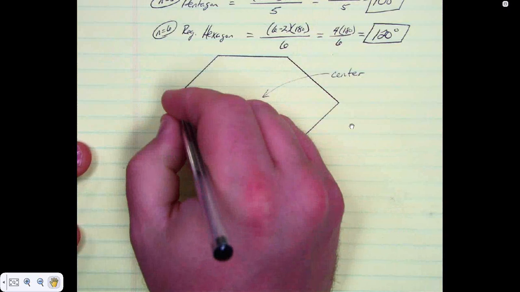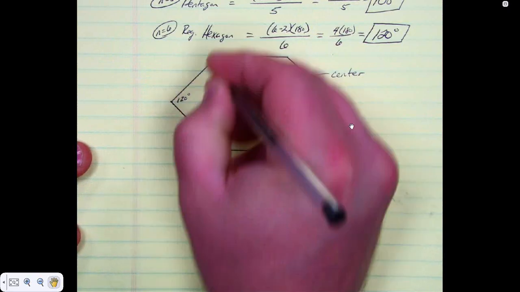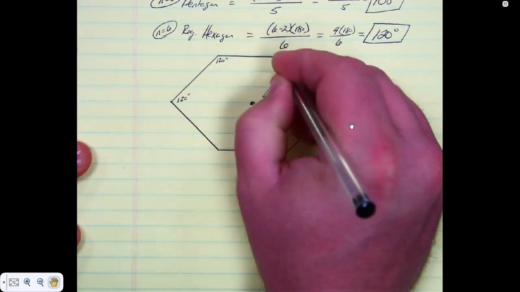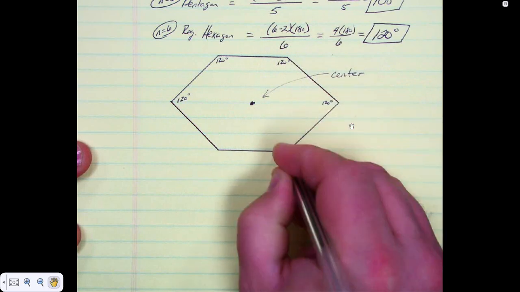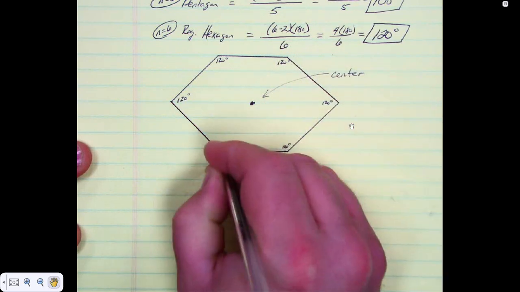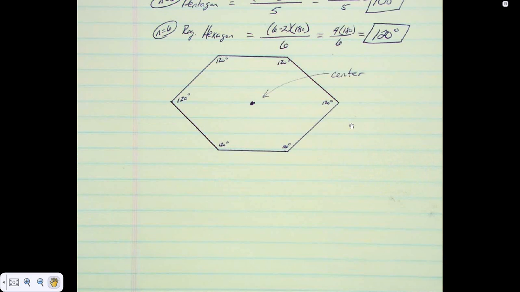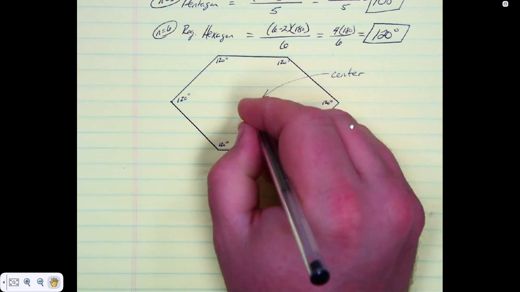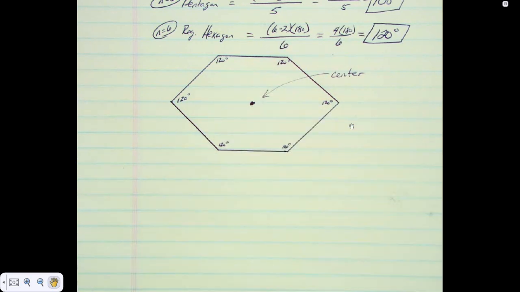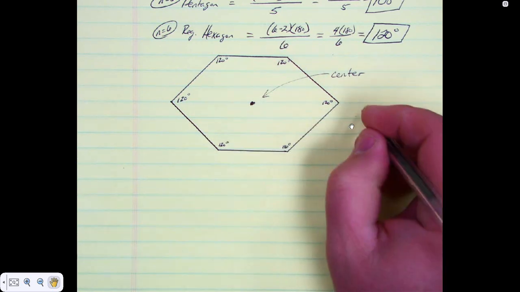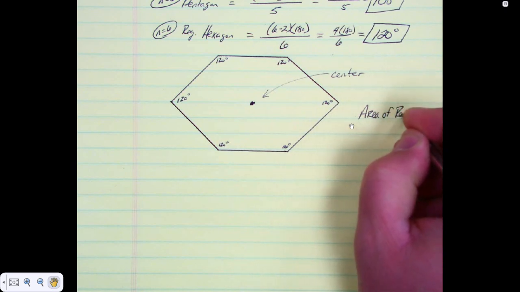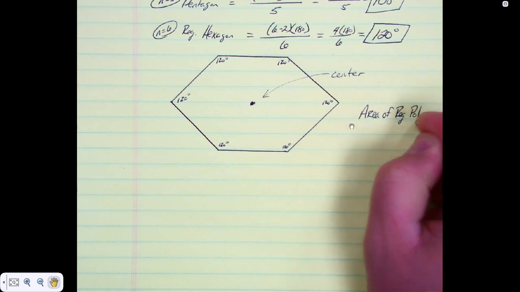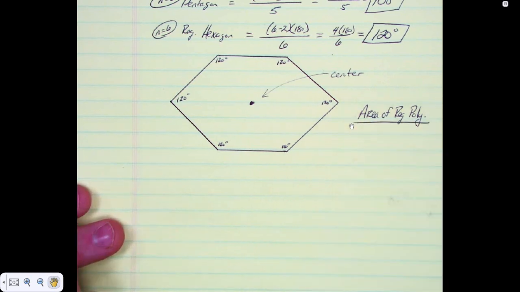What do we know all these angles are? All right, how do we find the area of a regular polygon?